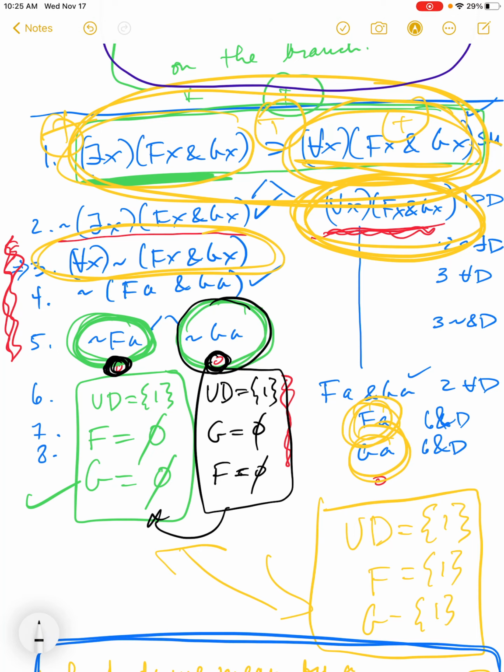I've applied universal decomposition at least once to line number 3, and I've applied it using each of the constants, although there is no constant. I've got at least one, right? I can't just stop here. There was no constant. Okay, we will see lots more examples of this as we continue.